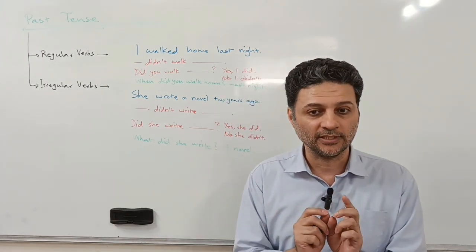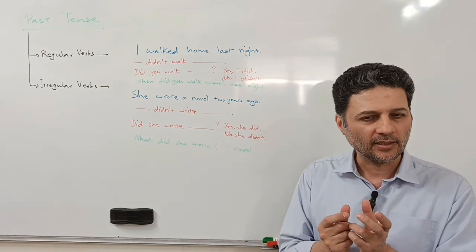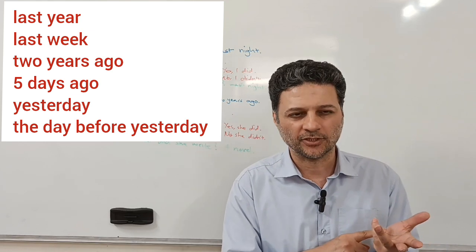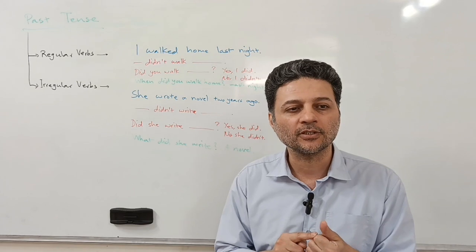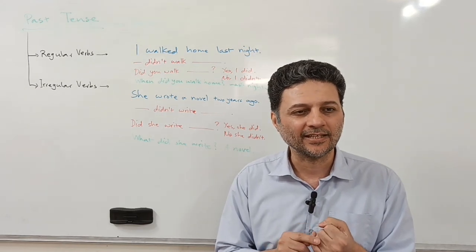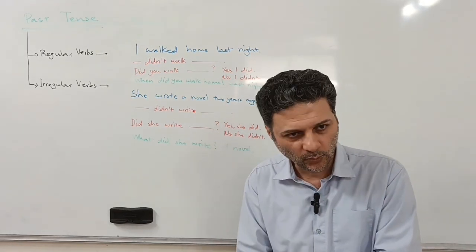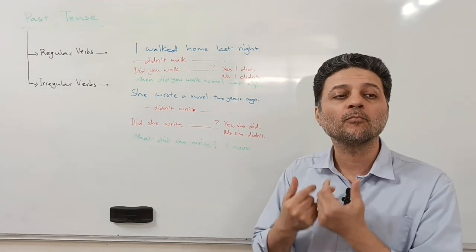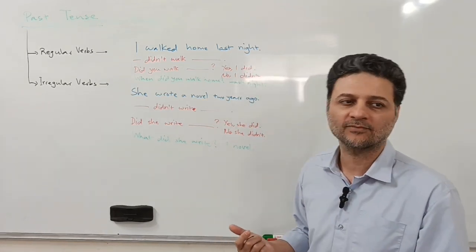And usually, don't forget this, we end our sentence with an adverb of time, like last year, last night, 2 nights ago, 2 years ago, last week, yesterday, the day before yesterday. These are the time markers we use to talk more about the action regarding its time. That's why we use the adverb of time.